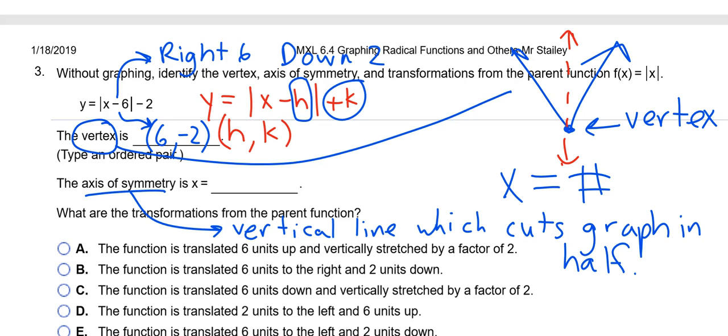So if you know the vertex, then you know the axis of symmetry would be x equals. They already have the x equals part, so I don't have to write it. All I do is borrow the number from the vertex, so x equals 6. If you know the x-coordinate of the vertex, you know what to use for the axis of symmetry.